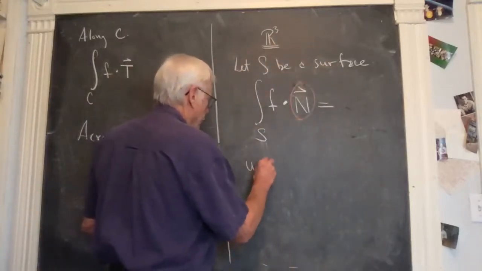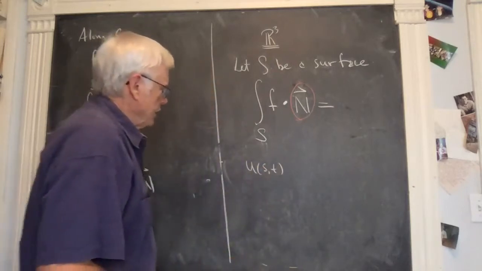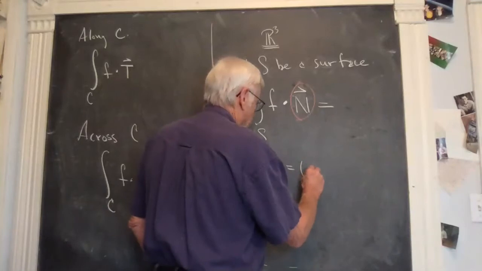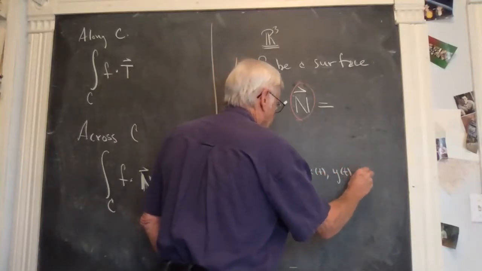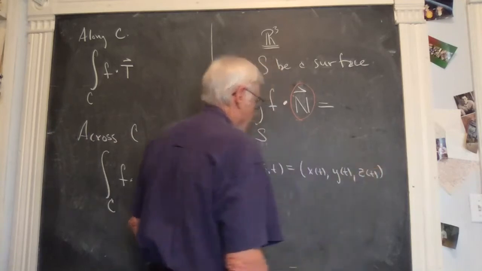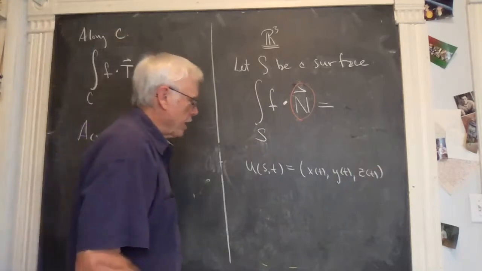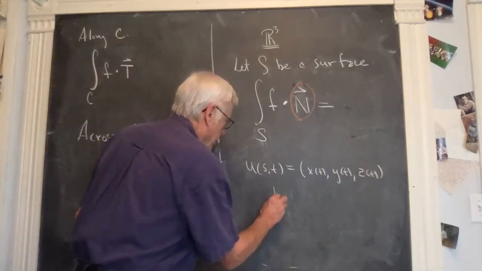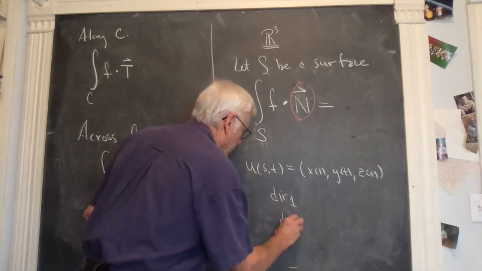So we have this surface defined by two variables. So this will be an x of s and t, y of s and t, z of s and t. We've already found tangent planes to the surface, and to find the tangent planes at any given point, we needed two directions, a dir1 and a dir2.